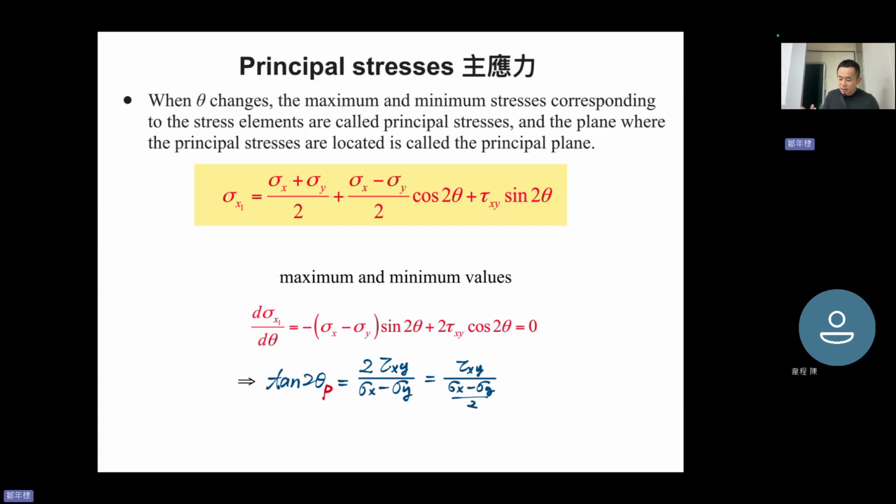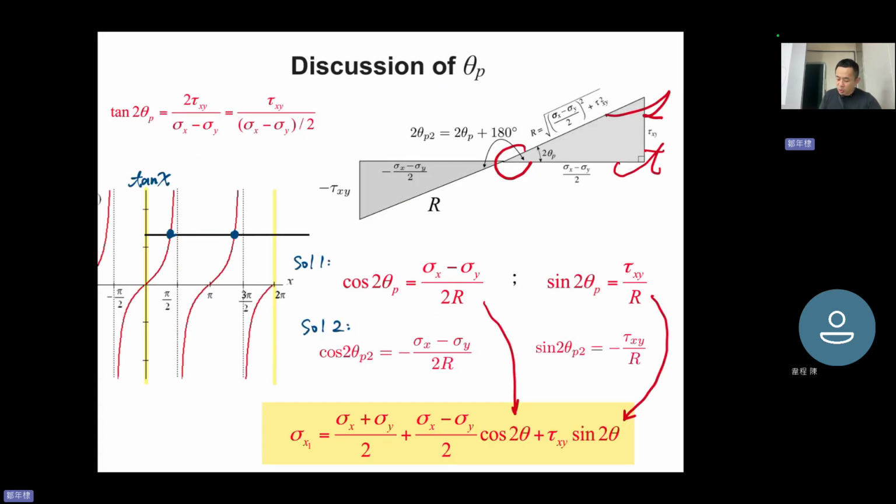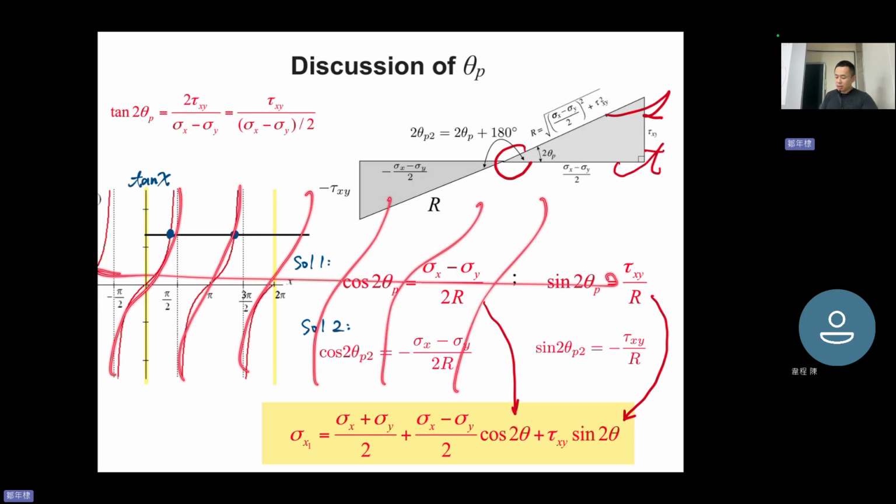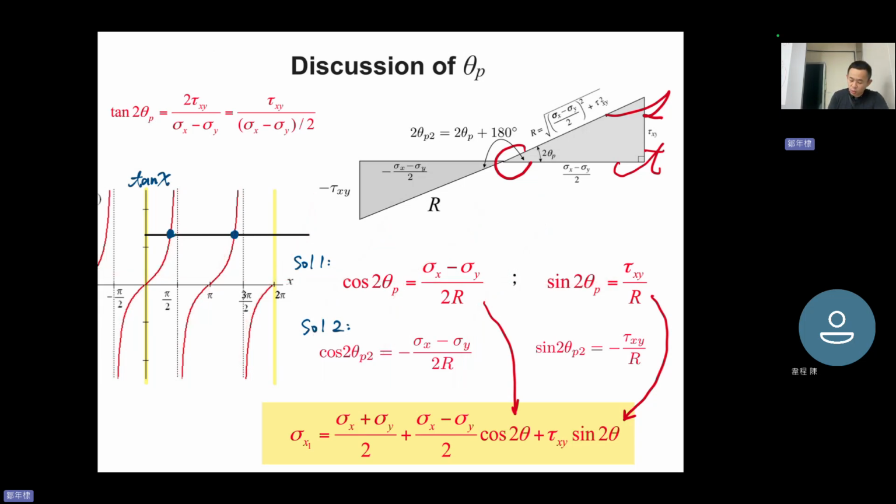Then we mentioned that tangent has infinitely many solutions along the x direction. What is x? Actually, it's a rotation angle. But in our real world, our reasonable range is 0 to 2 pi.